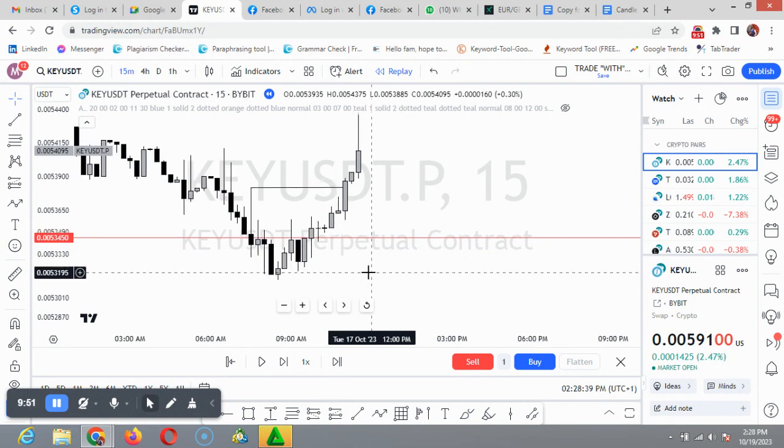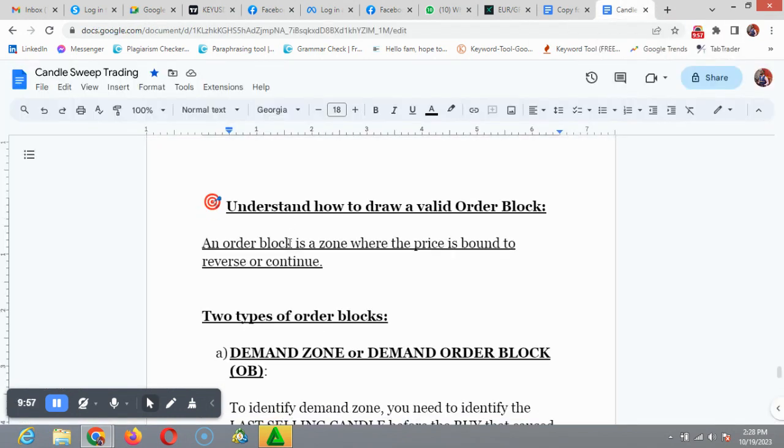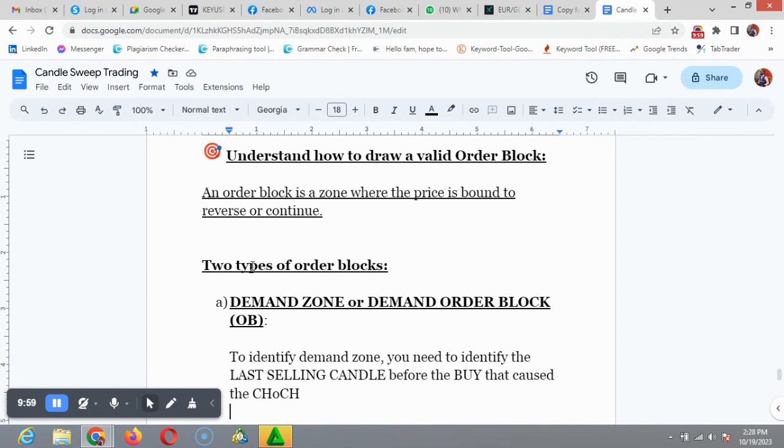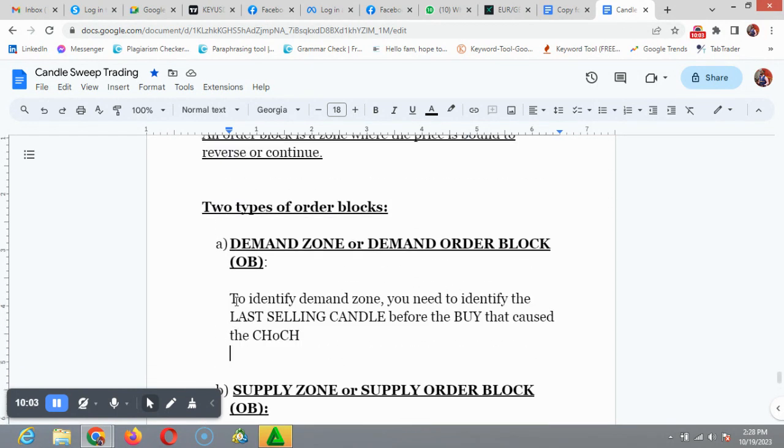So now let's go back to the rules for identifying your order block. Let's go back to the notes. We have two types of order block. I told you earlier, we have the demand order block and the supply order block. Now, what is the rule to identify your demand order block?